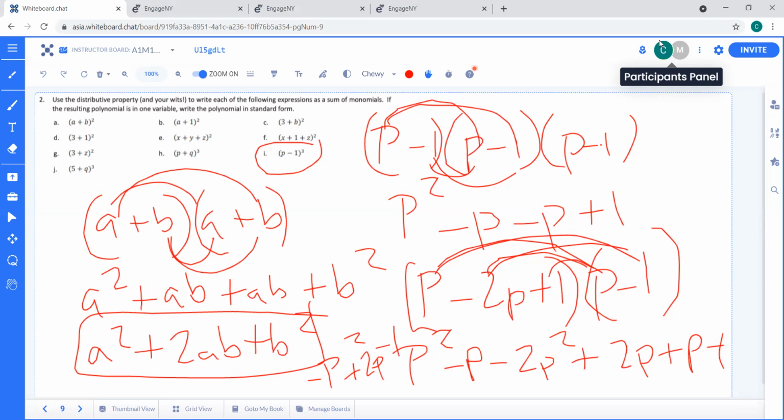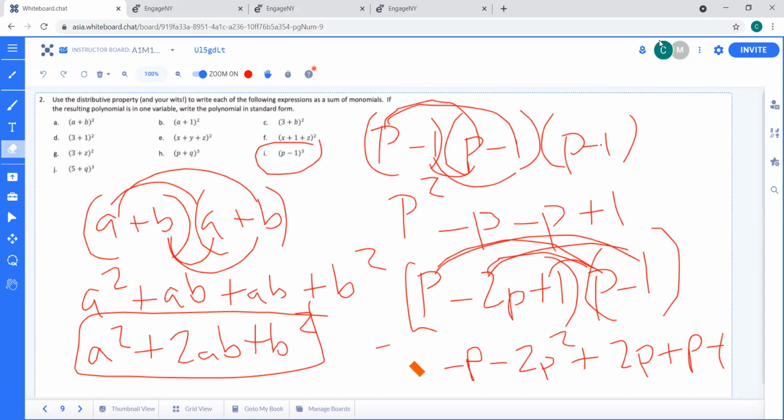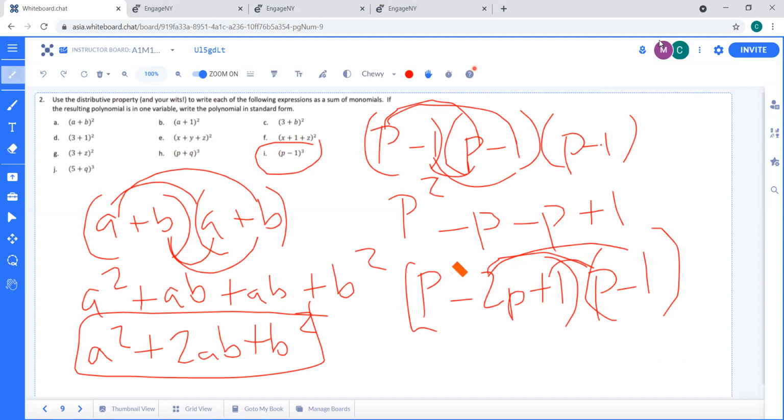It would have been right if I would have done it correctly. I did not do that correctly, and I knew that because I already had a P squared here. This should have been a P squared. I should have brought that down.